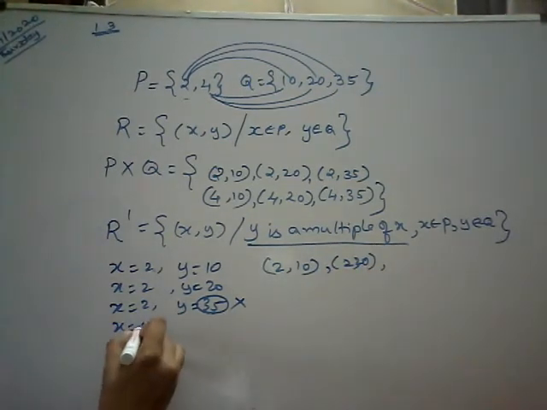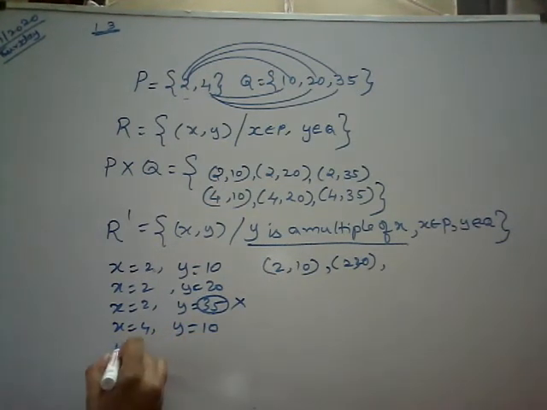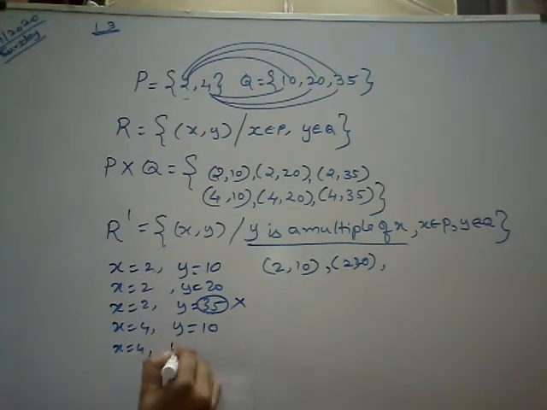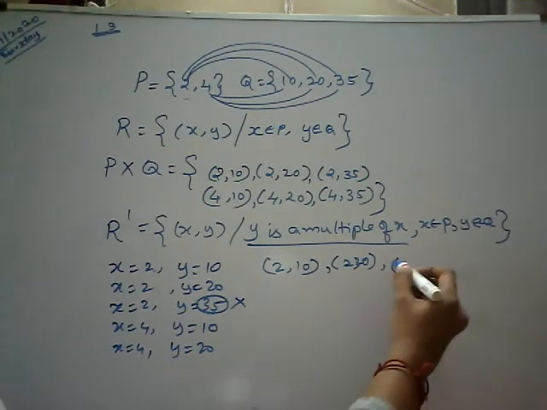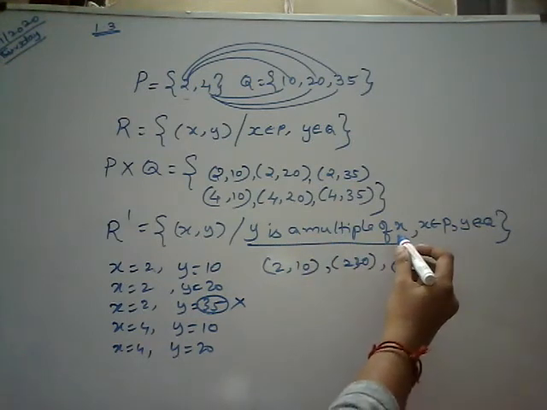In the same way, when x is 4, y can be 10 and y can be 20, as y is a multiple of x.